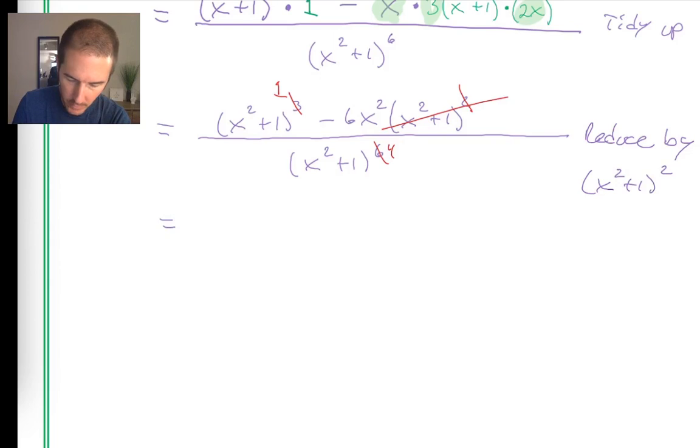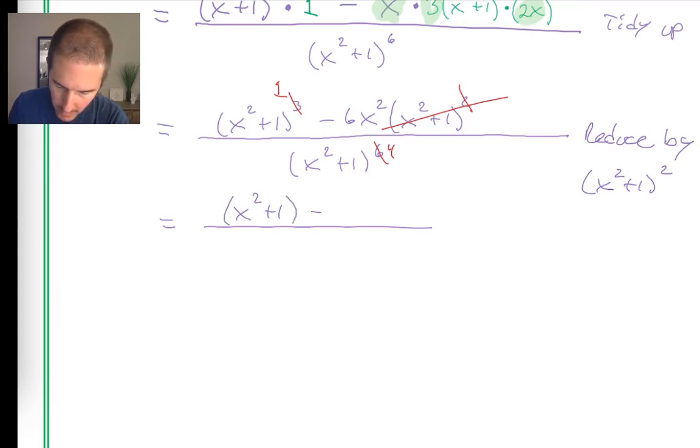And that leaves us with still a fraction, x squared plus 1 to the first power minus 6x squared. I'm not really protecting this x squared plus 1 from anything anymore, so I don't really need to have these parentheses.